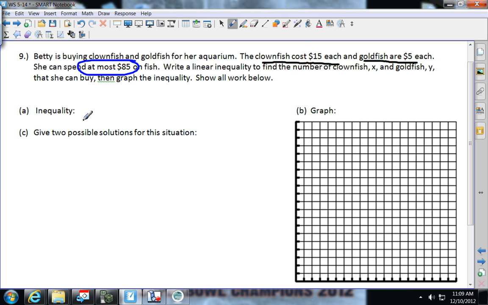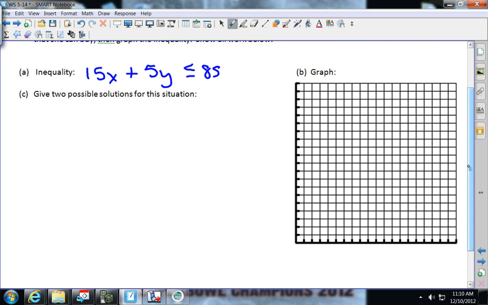Clownfish are X, so I've got 15x plus the goldfish are Y, 5y. She can buy at most. What is at most? Less than or equal to 85. Now for me to graph it, first off, X is the number of clownfish. So down here on the X-axis, let's put clownfish.